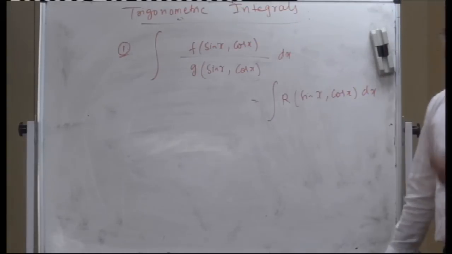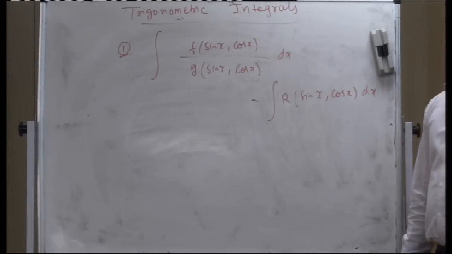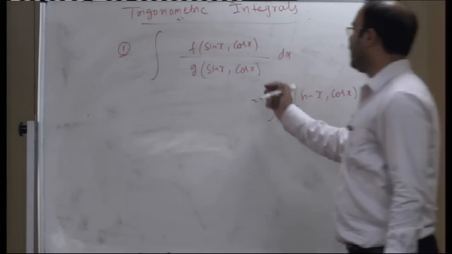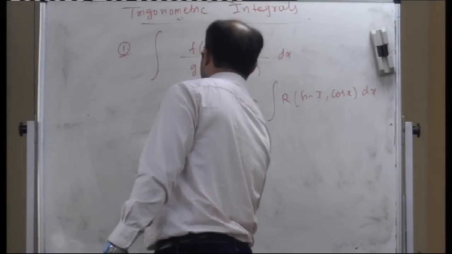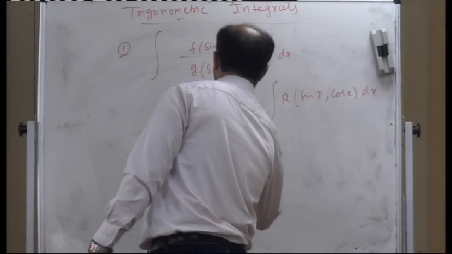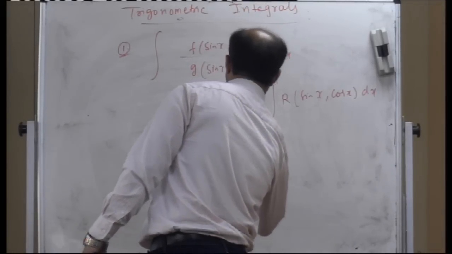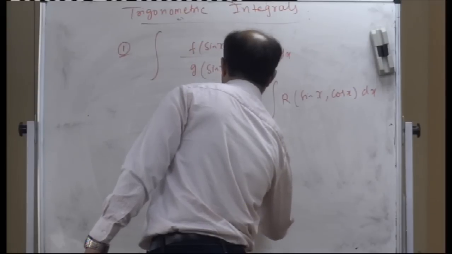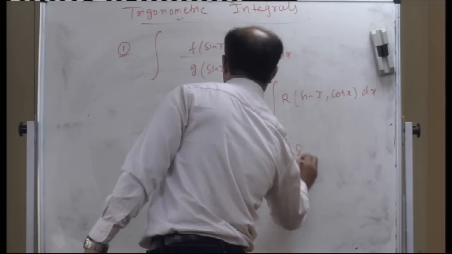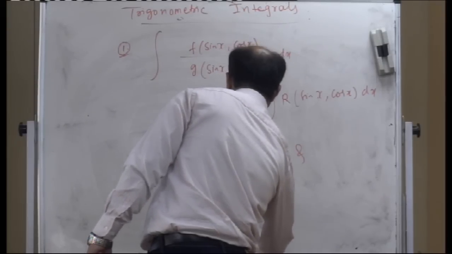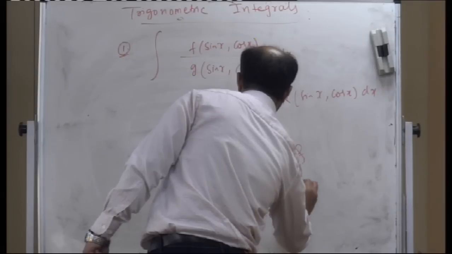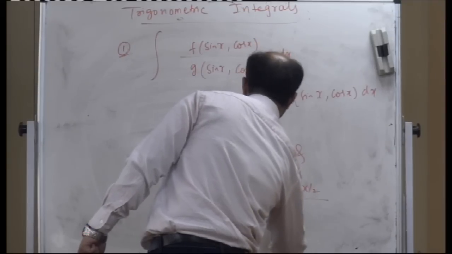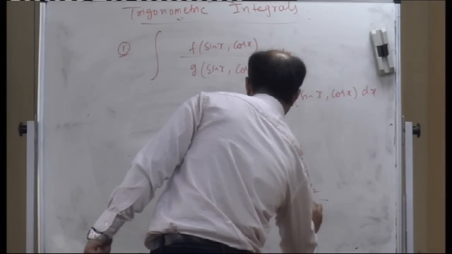So again, there is a standard approach that you do here: you substitute sin x with 2 tan x by 2 upon 1 plus tan square x by 2, and cos x with 1 minus tan square x by 2 upon 1 plus tan square x by 2.